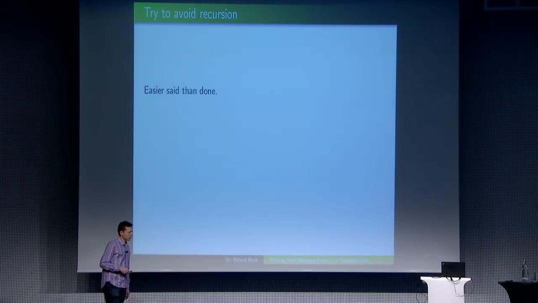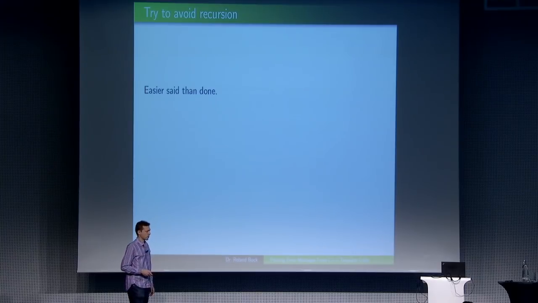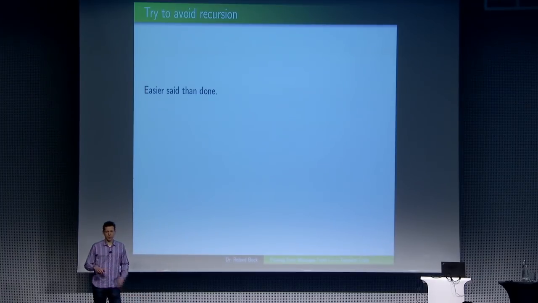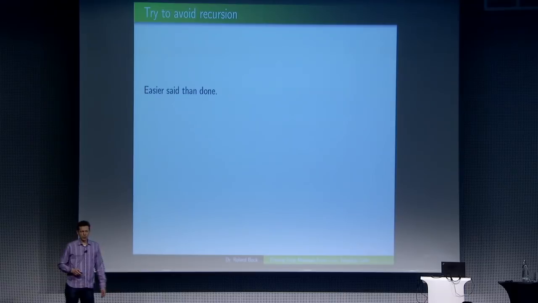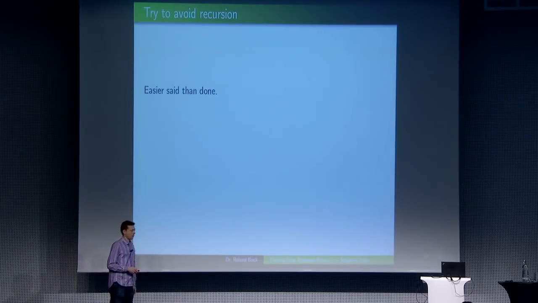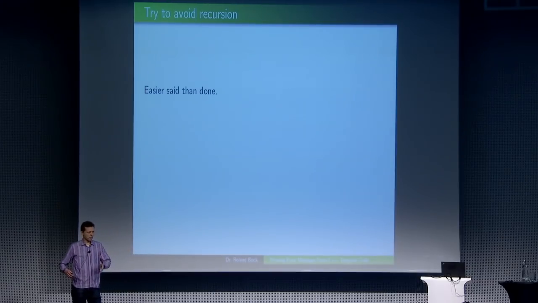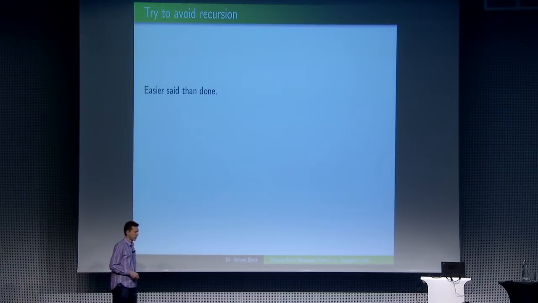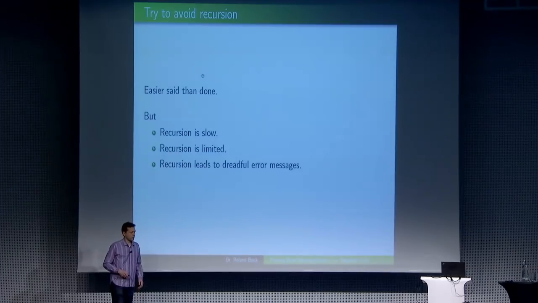Another thing that you should always try to do is to avoid recursion in your template libraries. And I'm saying that because all the introductions that I saw, at least, for variadic templates say, okay, you have variadic templates, you have to go through the arguments one by one, and do some recursion. You should try to avoid that, because recursion is slow. It's typically limited.